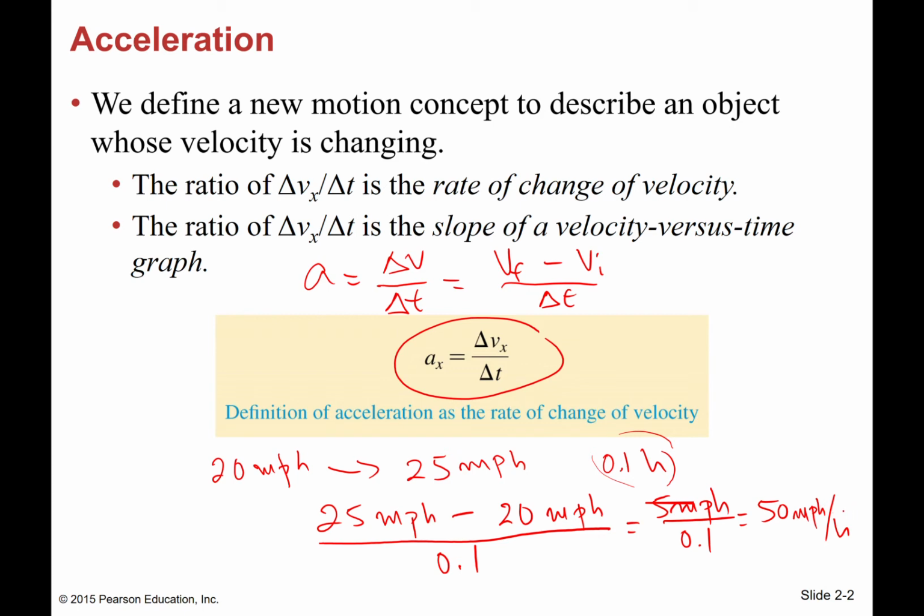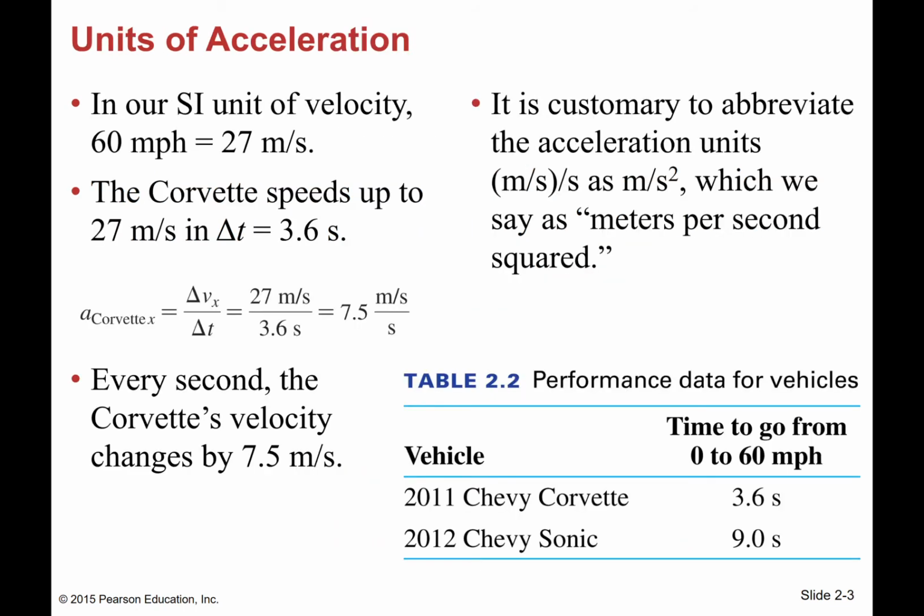So if you continue driving for an hour, your speed would have increased by 50 miles per hour. So after 1 hour, you'll be driving at 20 plus 50, 70 miles per hour. So that is the definition of acceleration. The units for acceleration: let's say you're measuring velocity in meters per second.